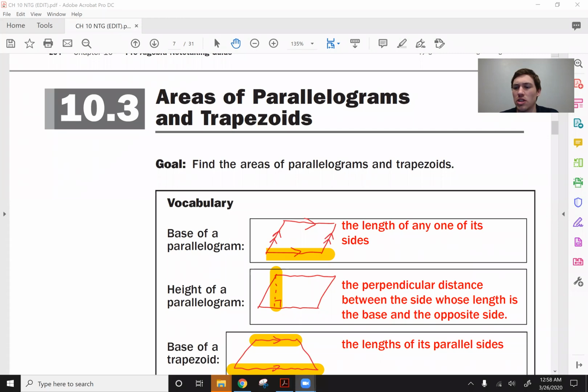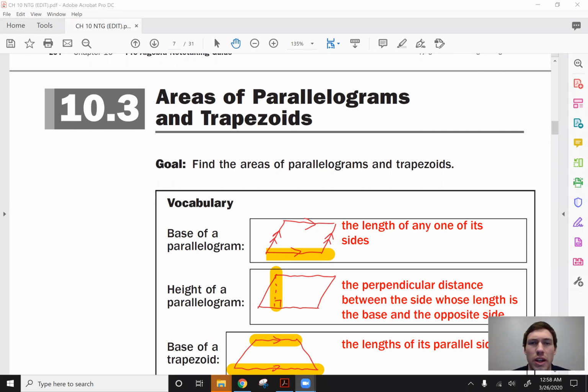All right, welcome back. 10.3, areas of parallelograms and trapezoids. Before, we were talking about just the shapes themselves, so triangles, quadrilaterals, parallelograms, and things like that.